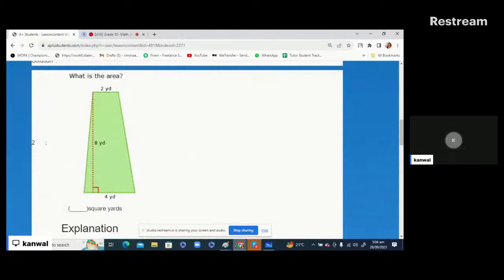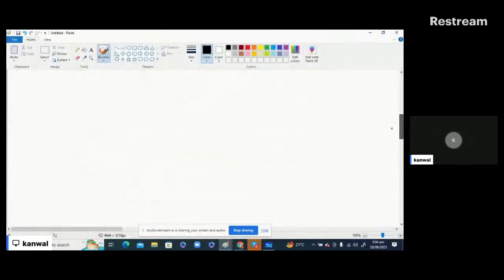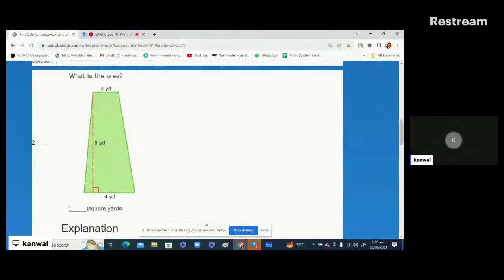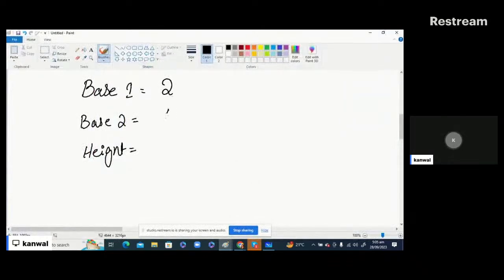Let's put the values in the formula. What is the first base, base 1, then base 2, and then the height? So let's check: 2 yards, 4 yards, and 8.